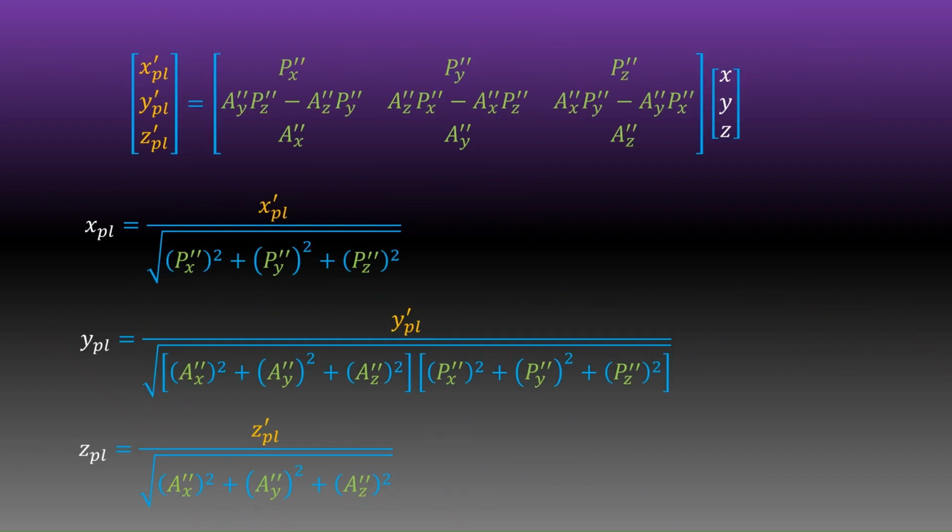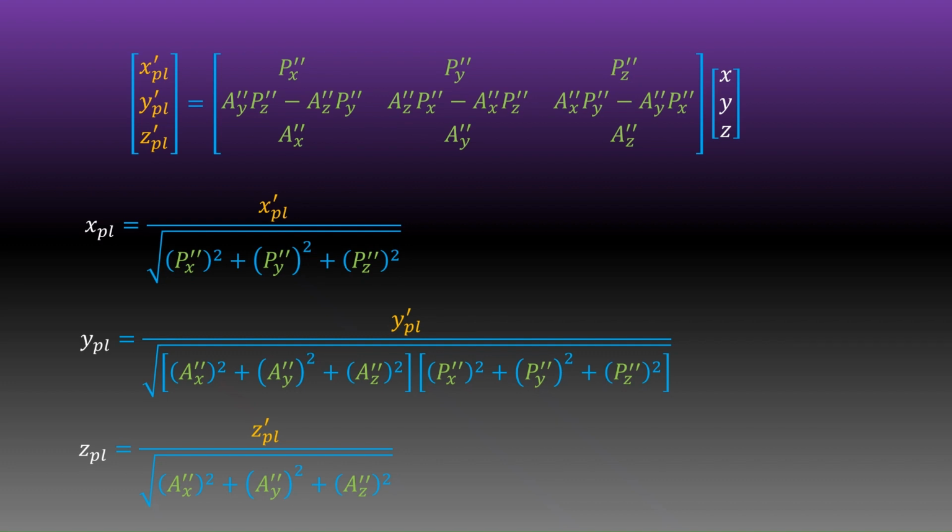All right, so we can summarize these equations, make them more compact by expressing them as a matrix. So if we multiply the x hats, y hats, and z hats unit vectors in the B1 coordinate system by this matrix over here, then we get the x hat PL, y hat PL, and z hat PL unit vectors in the B2 coordinate system.